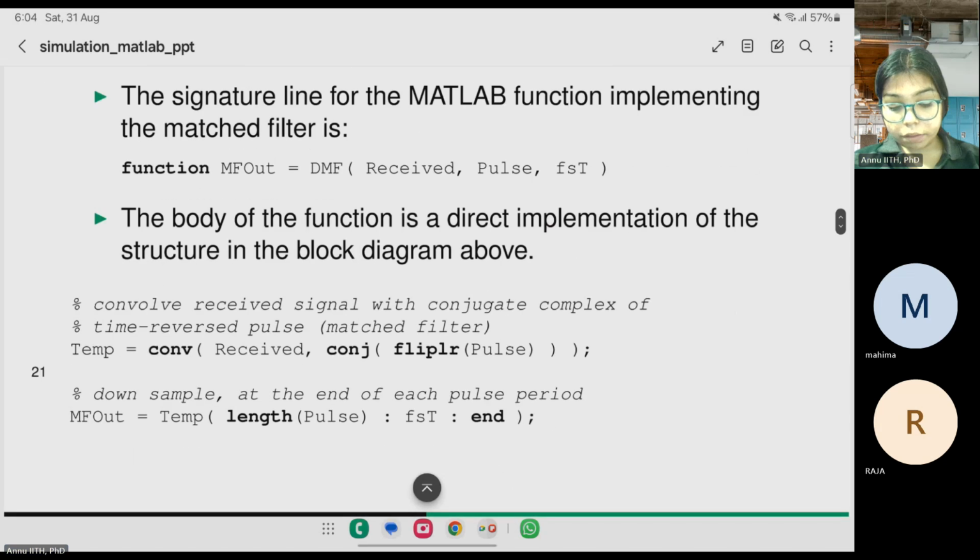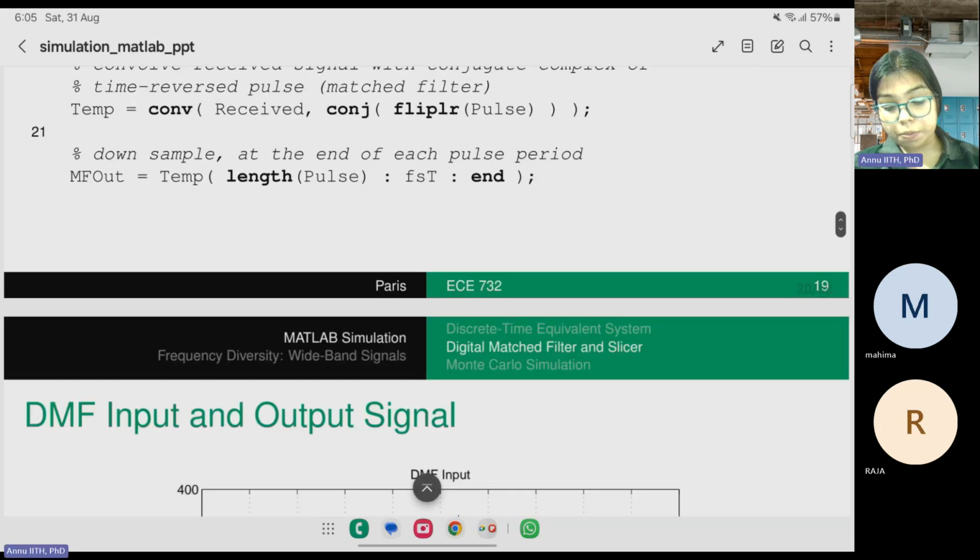So temp equals received convolved with the conjugate flipped pulse. Then again we have to downsample, starting with the length of pulse, at the interval of FST to the n. So this is the interval. I hope you all agree.